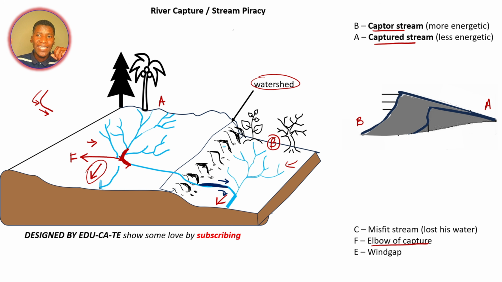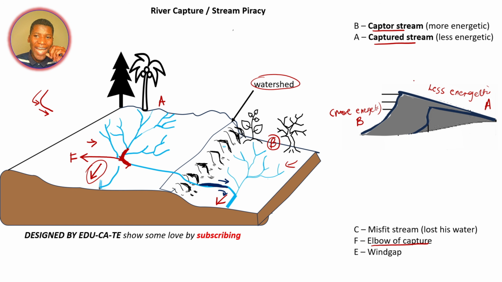Remember, we have said that river B is more energetic because it's the one that is capturing. So this one is a more energetic river. It is flowing in this direction, whereas A, we're going to refer to it as a less energetic river. So we've got a more energetic river and a less energetic river on either side of the watershed.